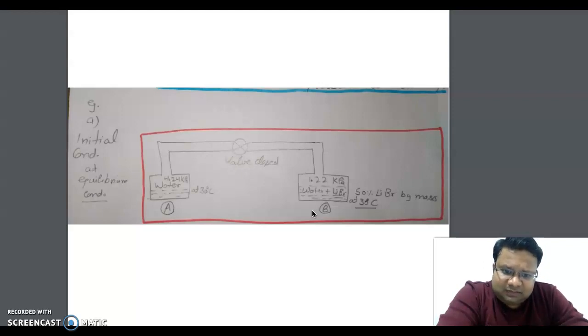So in reservoir B, 50% lithium bromide is there by mass at 30 degrees Celsius. And we may take this 30 degrees Celsius as the ambient temperature in which this complete experiment is conducted.